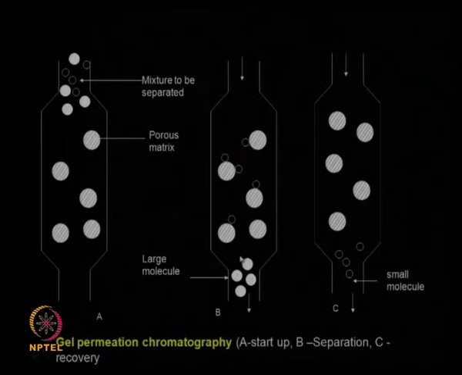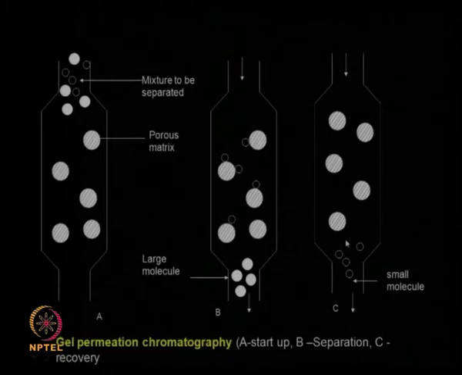So you will find large molecules or large molecular weight compounds coming out first, whereas the small ones are entrapped inside this porous matrix, so they take much longer time to come out.